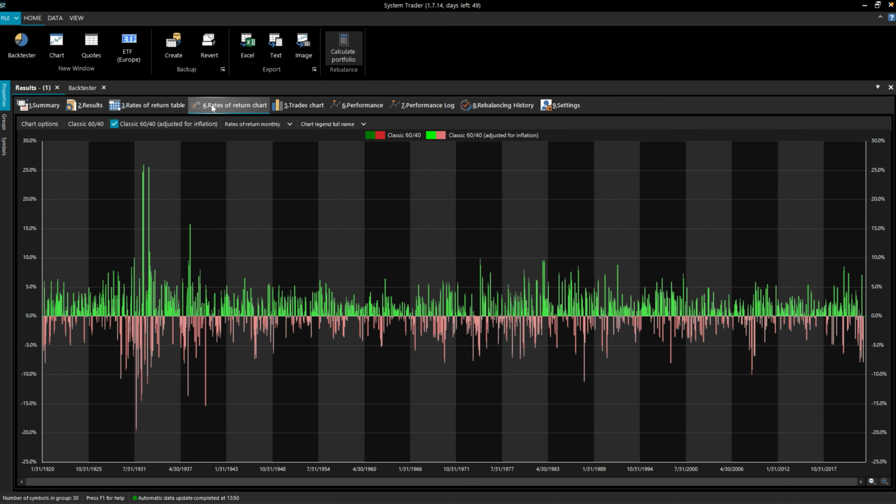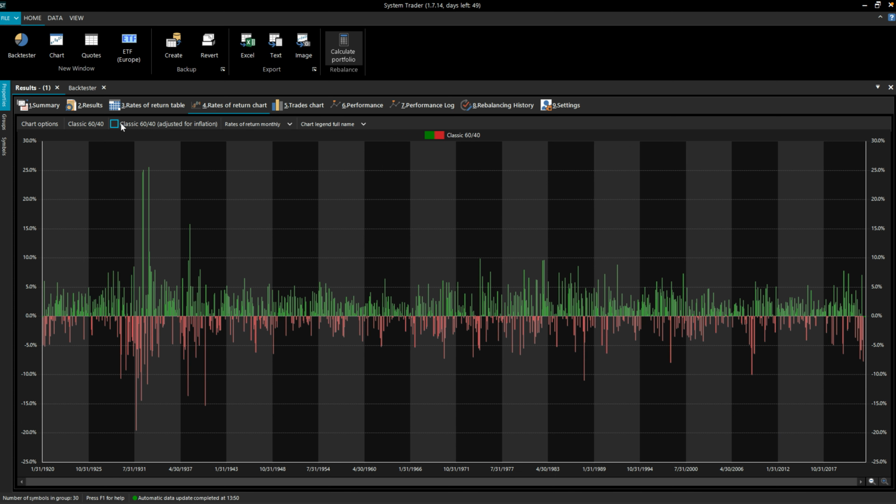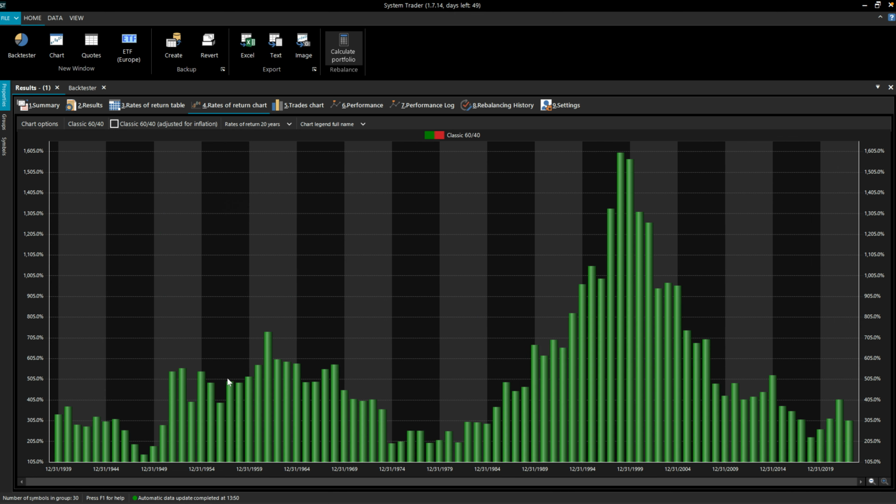Now you have the rates of return, which means that, for example, let's switch off the adjusted for inflation so it will be easier to read. So, for example, we can say that we are interested in the 20 years period, which are shown year by year.